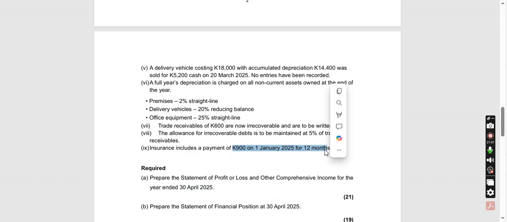The first thing we need to do is calculate our monthly charge, because we know that this payment we've made is crossing over when our year ends, into our next financial year. So we need to find out how much has been used up and how much is a prepayment.